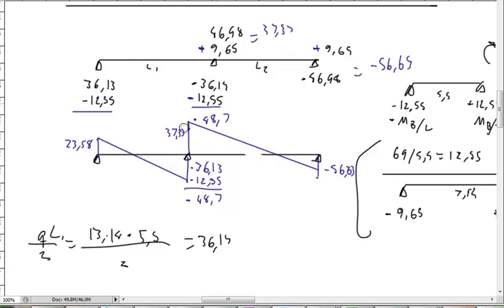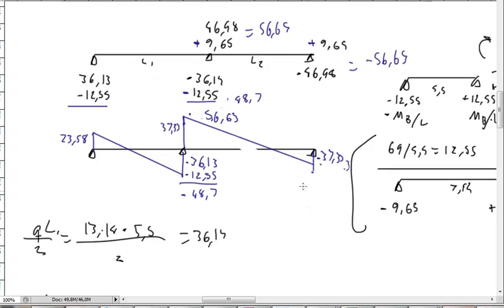So this is going to be 55-ish. 46.98 plus 9.65 is equal to 56.63, and here would be something like 35. It's going to be minus 36.98 plus 9.65, 37.33 minus.